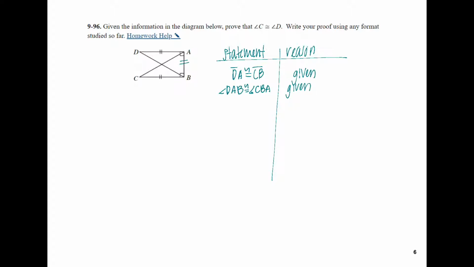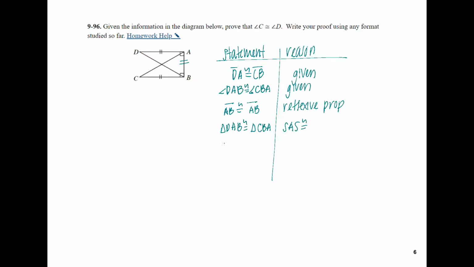We know that AB is congruent to AB because it's a shared side, which is the reflexive property. So we can tell that triangle DAB is congruent to triangle CBA by side-angle-side congruency.